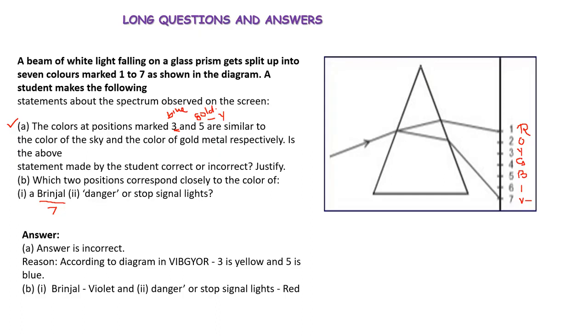The danger or stop signal is red, and that is the first position. So brinjal color is violet and the stop signal light is red in color. The position is first. So here is the answer. You can go to the answer and write it down in your copy.